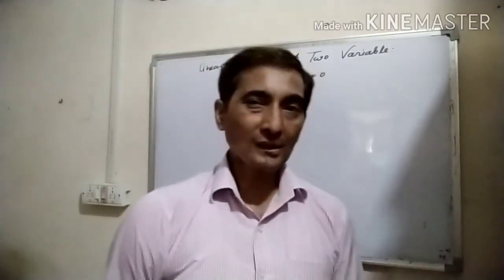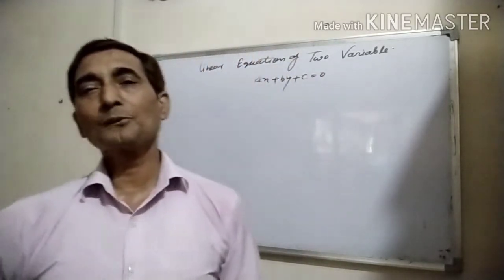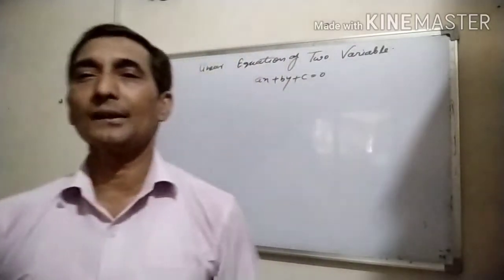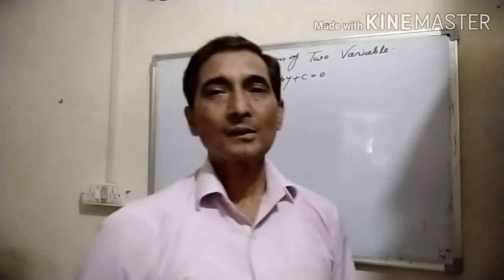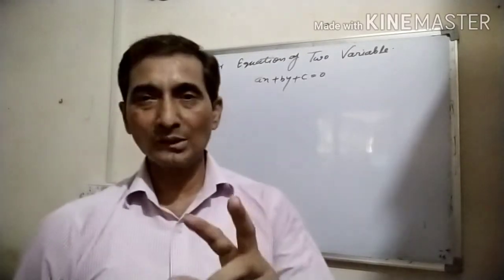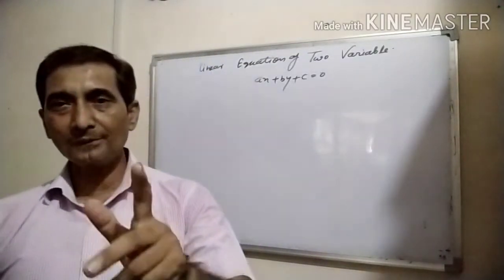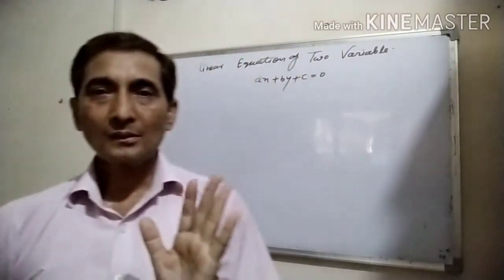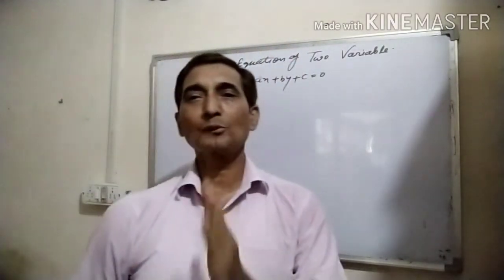And the linear pair is what? If two linear equations have the same two variables, x and y, then the equations are called a linear pair of two variable.